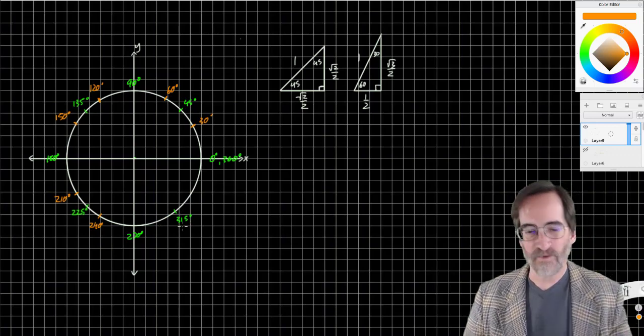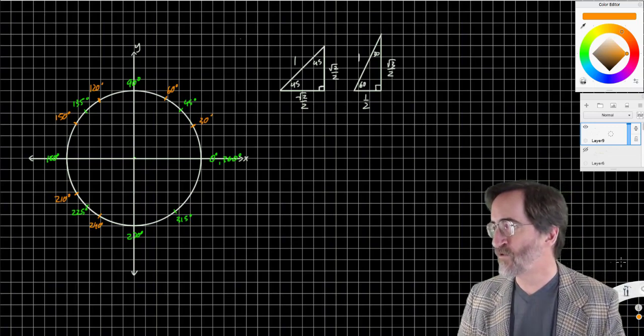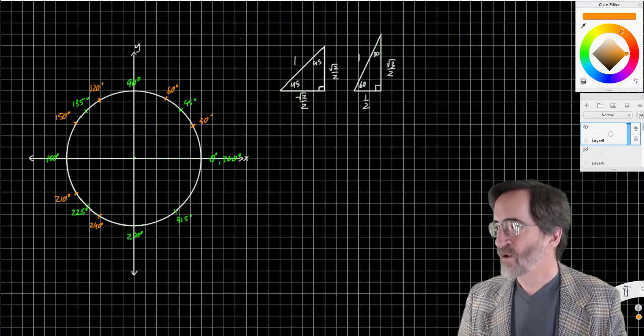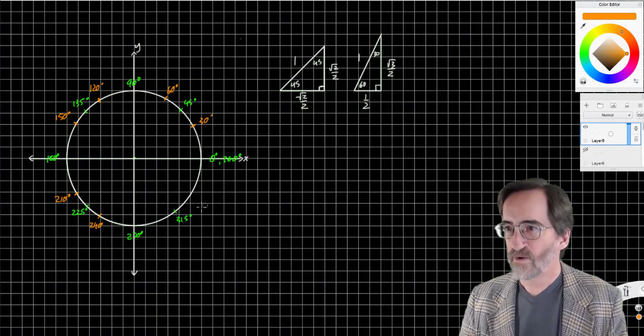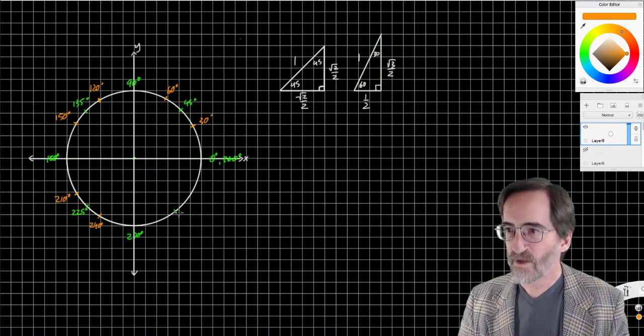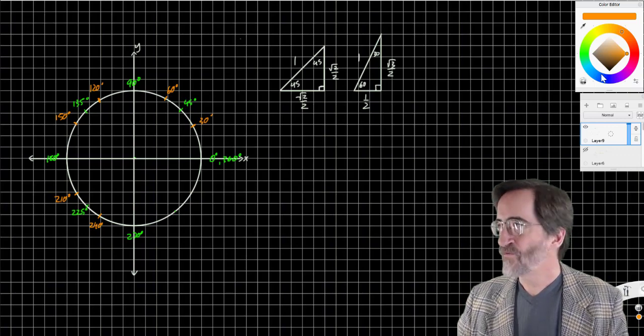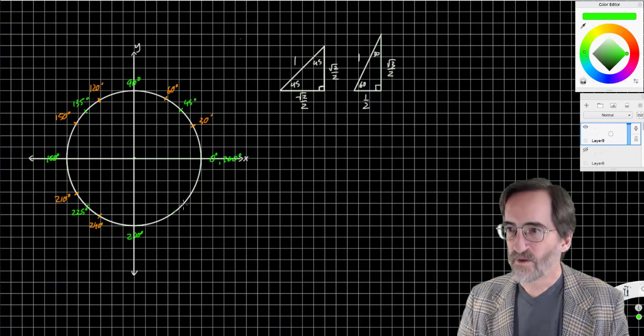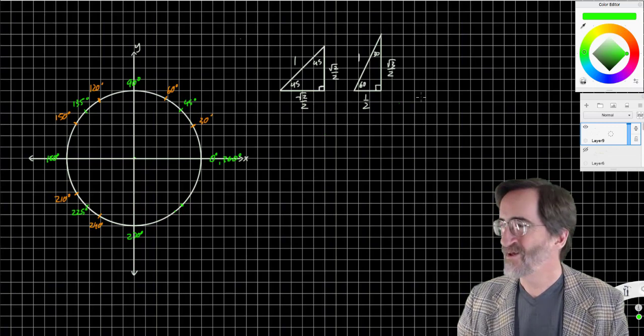270 and 30. Actually, I got the 315 in the wrong place here. Let me fix that. As best I can. Okay, 315 is right here. 315 degrees.